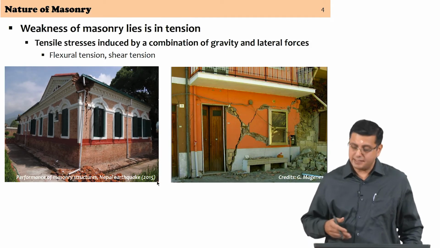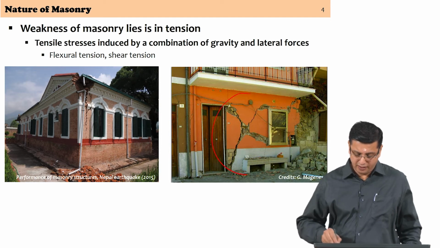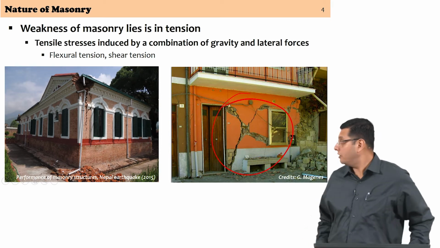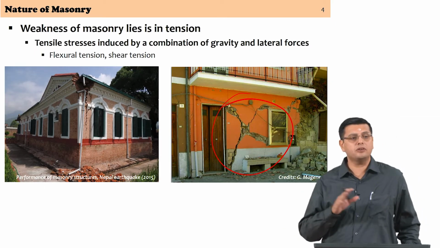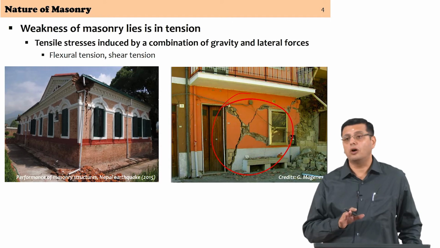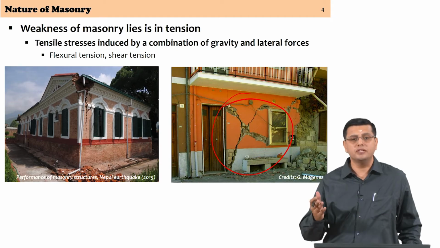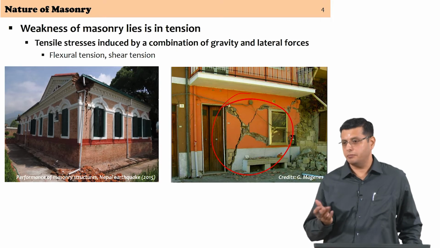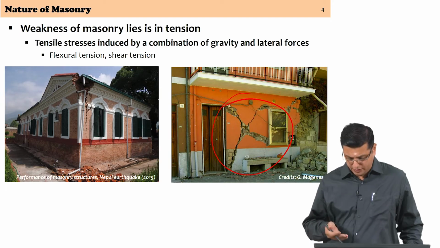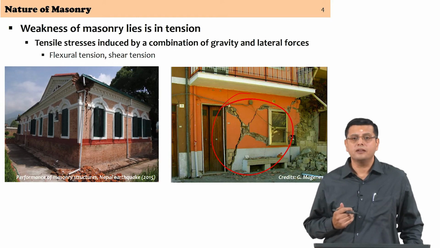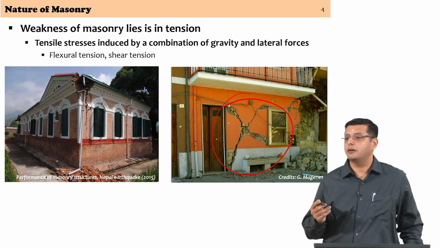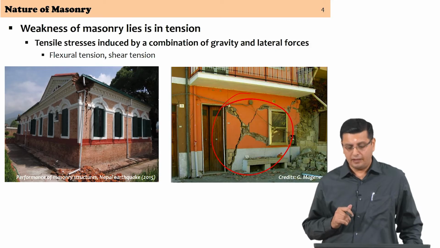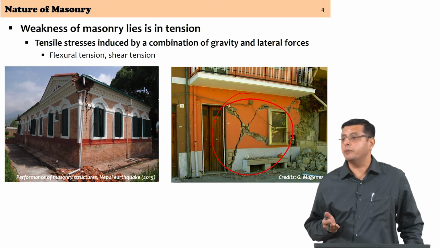the X crack that you see in the figure on your right is the effect of an earthquake on a 2 or 3 storied unreinforced masonry structure. It is in stone masonry. You can see the formation of these cracks which are called classical X cracks, and those cracks are actually forming along the lines of principal tension.